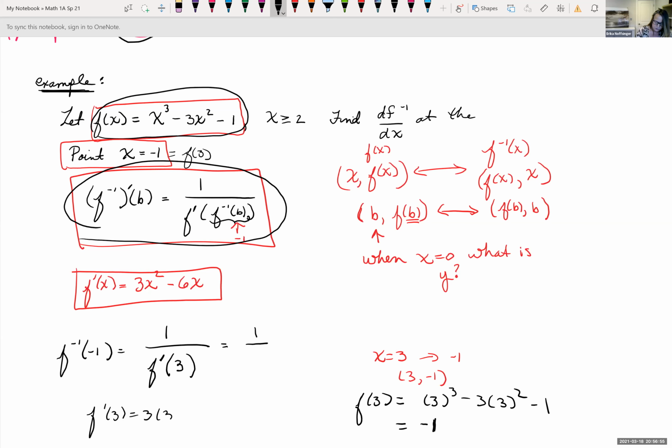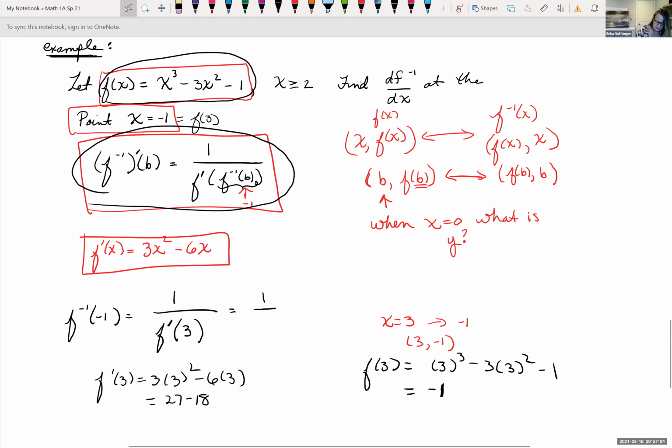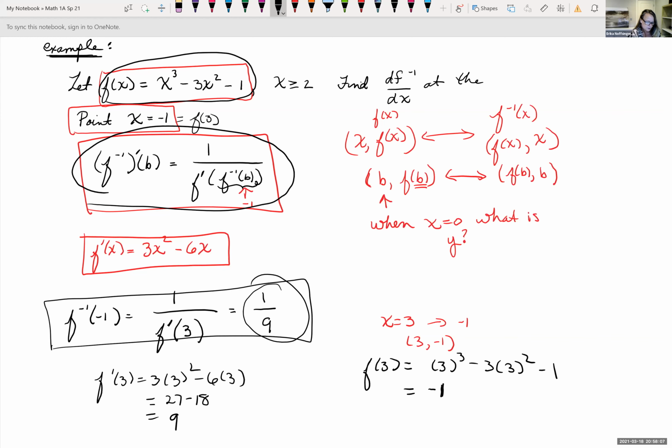So 3 times 3 squared minus 6 times 3, which is 27 minus 18, which gives us 9. Okay, let me pause, see if I did that right. Okay, so we did get it. Hopefully I didn't confuse you. Don't worry too much about this derivative of the inverse function for this test.